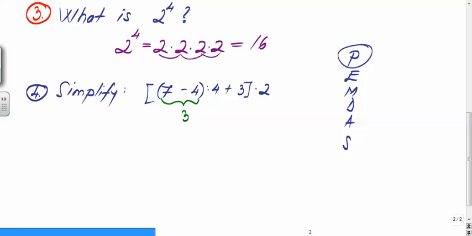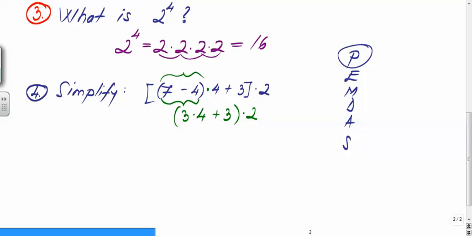Well, what is next? That should be multiplied by 4, and to that you will add 3. And now your brackets here are becoming round parentheses, because there will be no other parentheses here, because your round ones were worked with, right? So I have inside 3 times 4 plus 3, everything multiplied by 2.